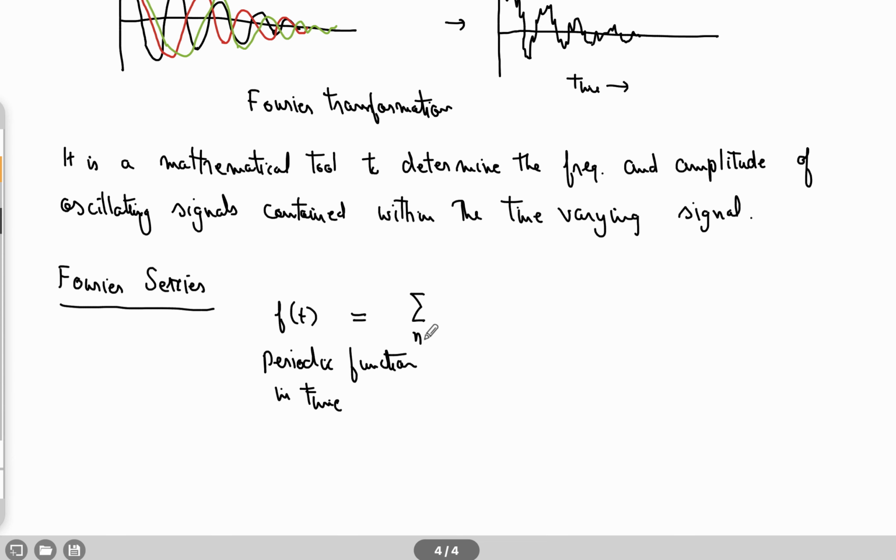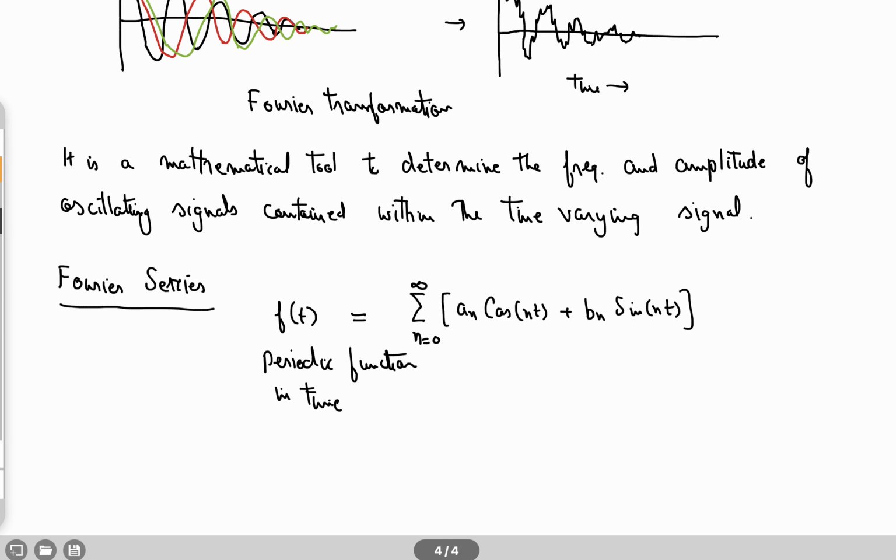So I can write the sum from n equal to 0 to infinity of a_n, which is the amplitude of cos(nt), and b_n, which is the amplitude of sin(nt). So any time periodic function can be expressed as a linear combination of sines and cosines, right? Here n can vary from 0 to infinity, which means this can have any frequency, and similarly this can have any frequency with any amplitude.